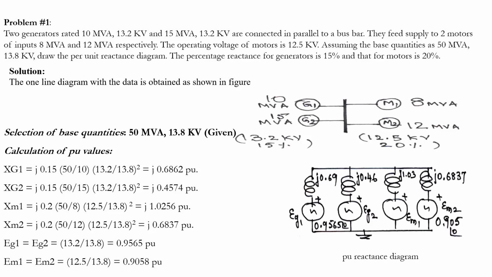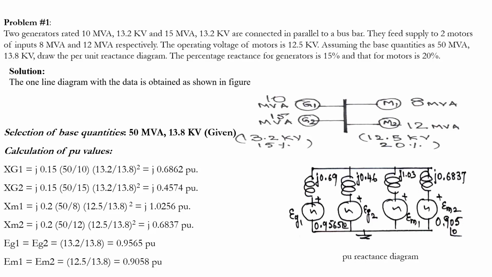For this power base and voltage base, we have to calculate the new reactance value. They have given the reactance as 15%. Now we have to calculate the new values. Let this new value be Xg1, equal to the old reactance multiplied by new power base divided by old power base, into old voltage base divided by new voltage base, the whole square.